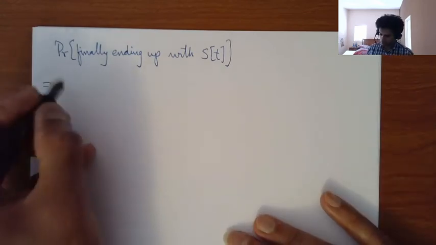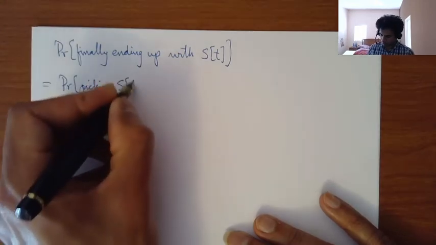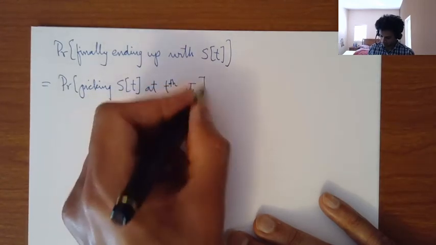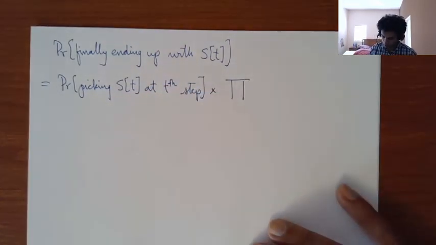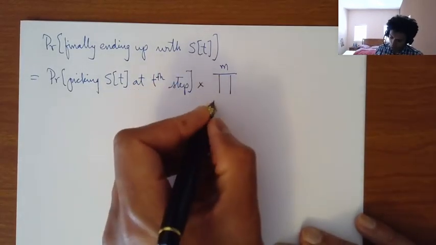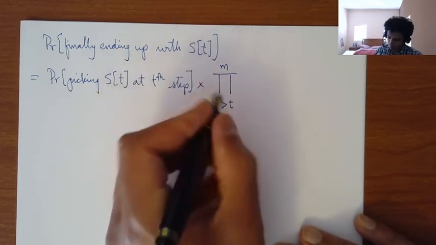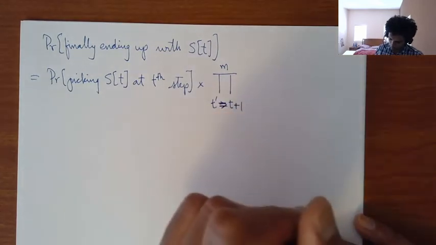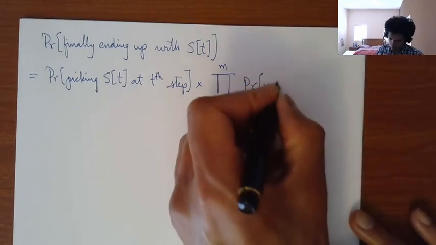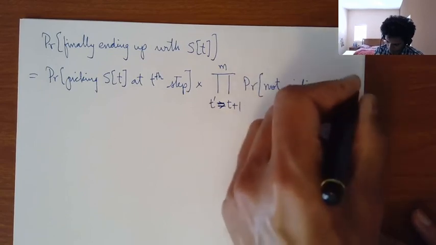So you have the probability of picking S of t at the tth step times the probability, for all time steps t prime that are strictly greater than t, going all the way up to m, so t prime going from t plus 1 up to m, of not picking S of t prime.